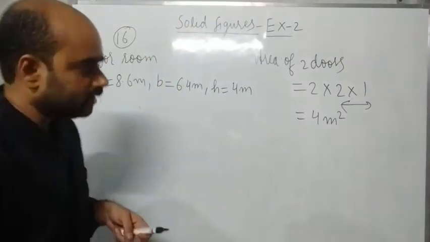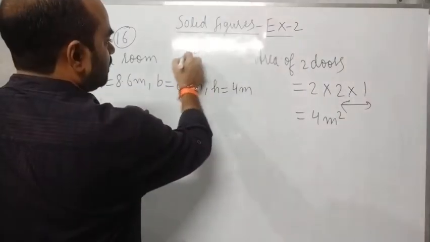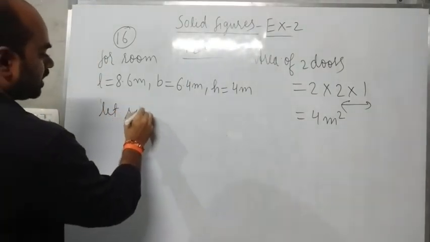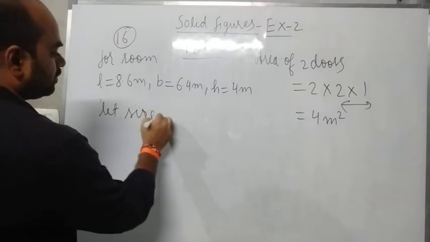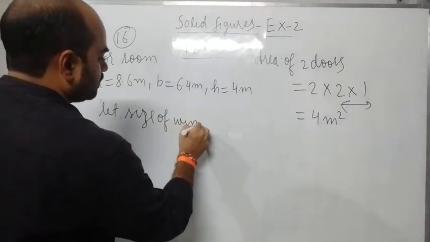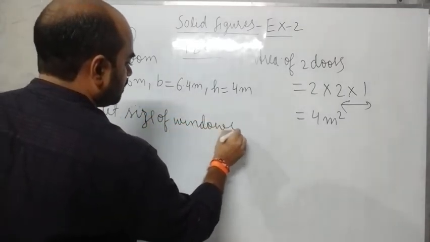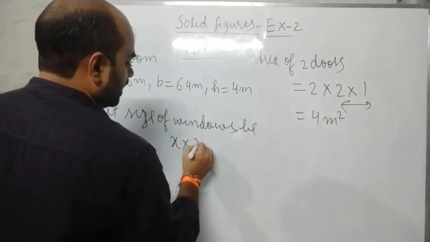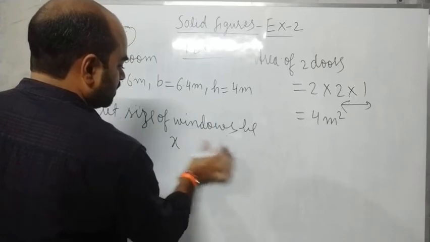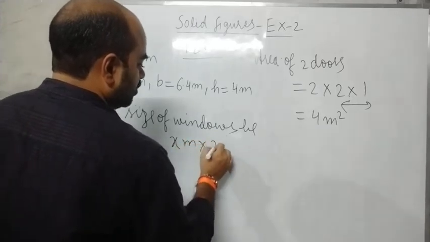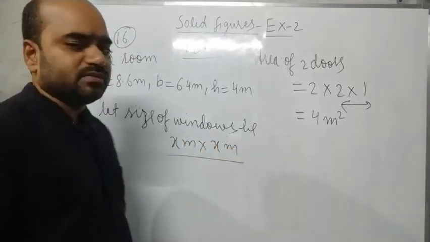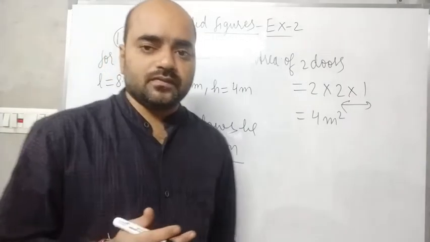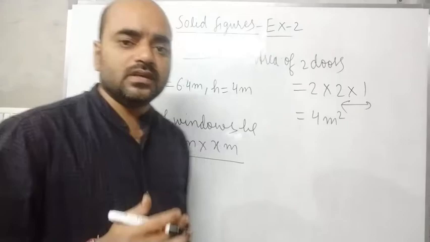Let the size of the windows be x meter into x meter. Size means length and breadth, and it is mentioned that the windows are in the form of a square.